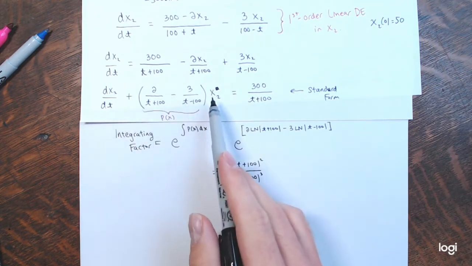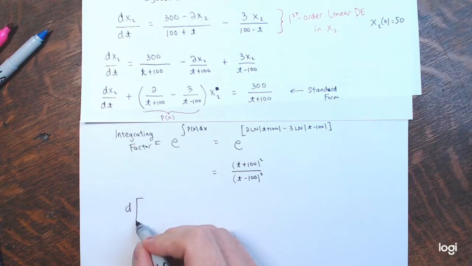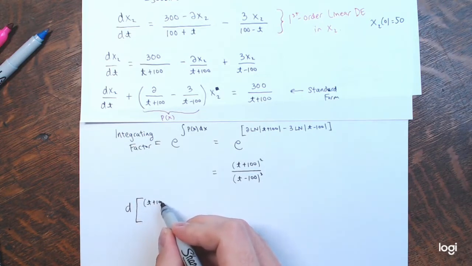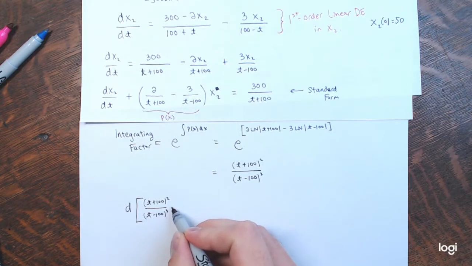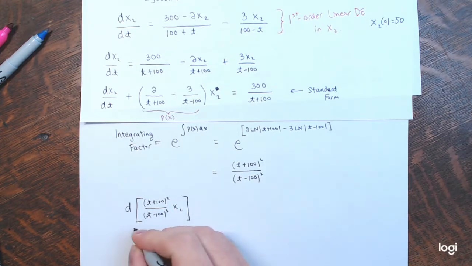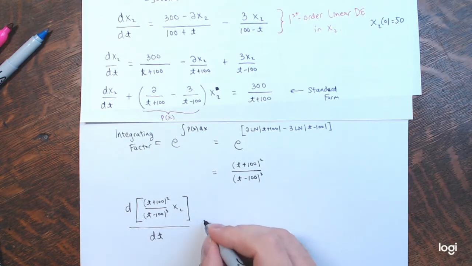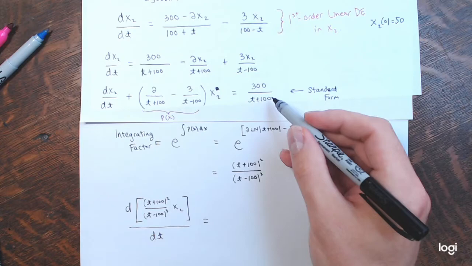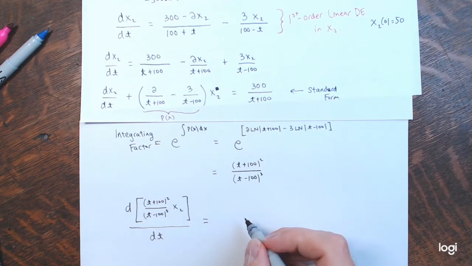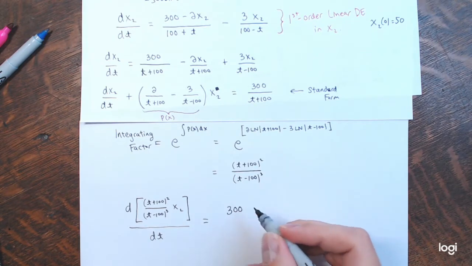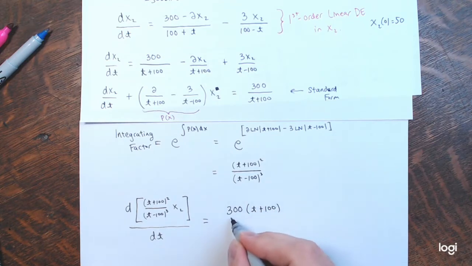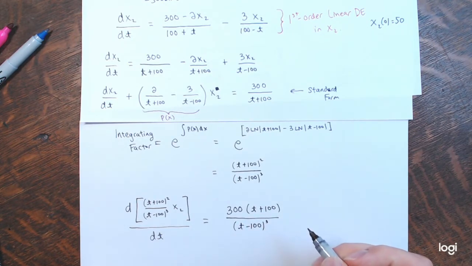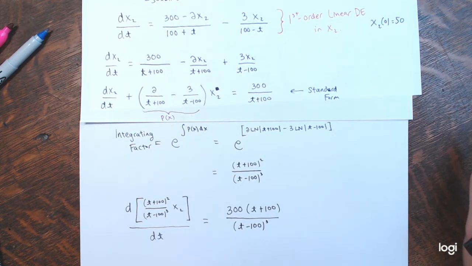Then the left side becomes the derivative of this integrating factor times the variable x2, with respect to t, equals, multiplying this on this side, 300 times the quantity t plus 100 divided by t minus 100 cubed. Then we'd integrate with respect to t.